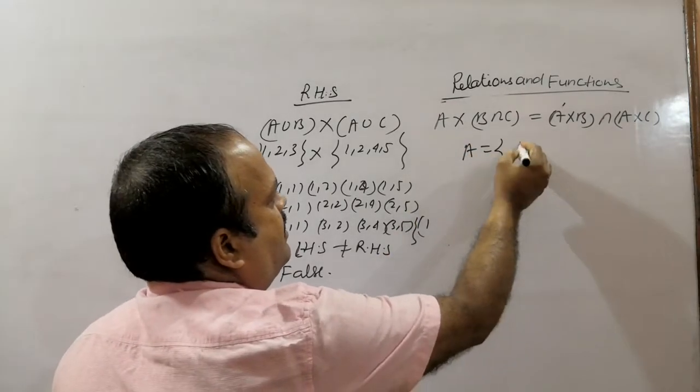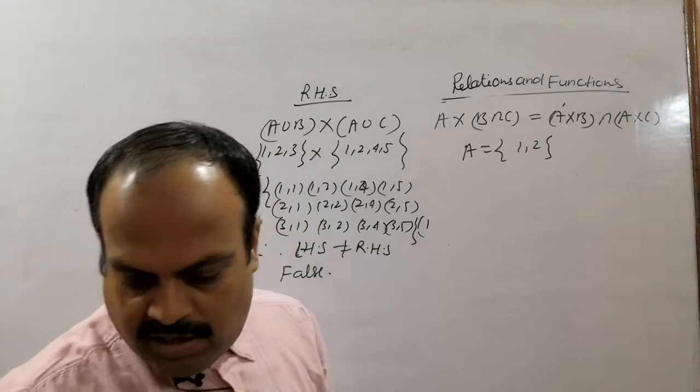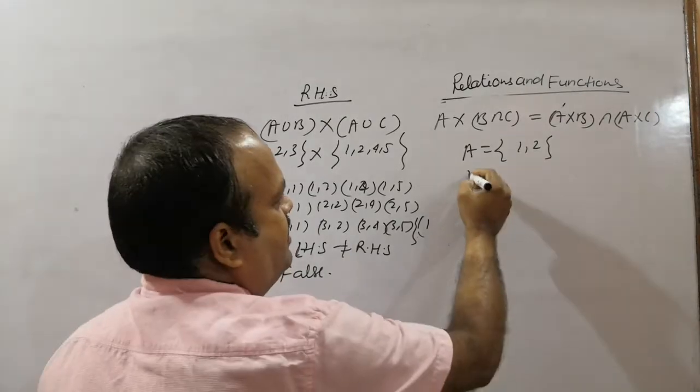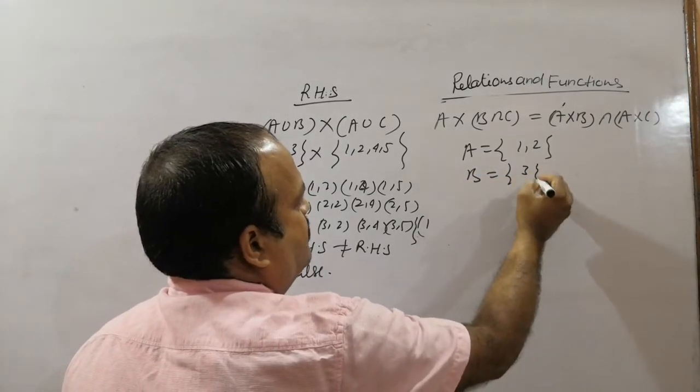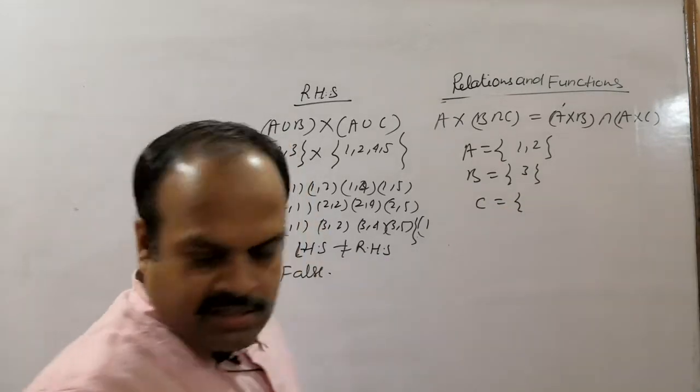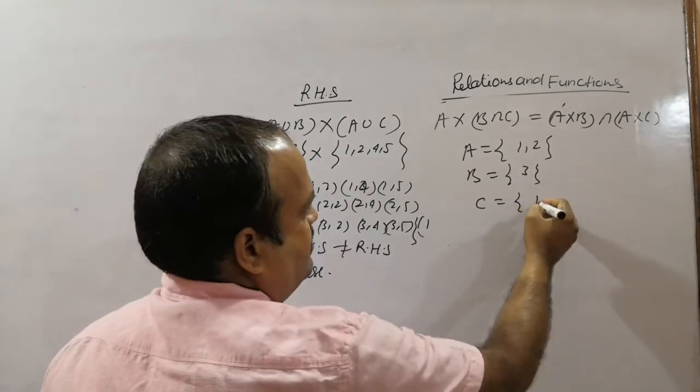A has two elements 1, 2. B has one element. C has two elements.